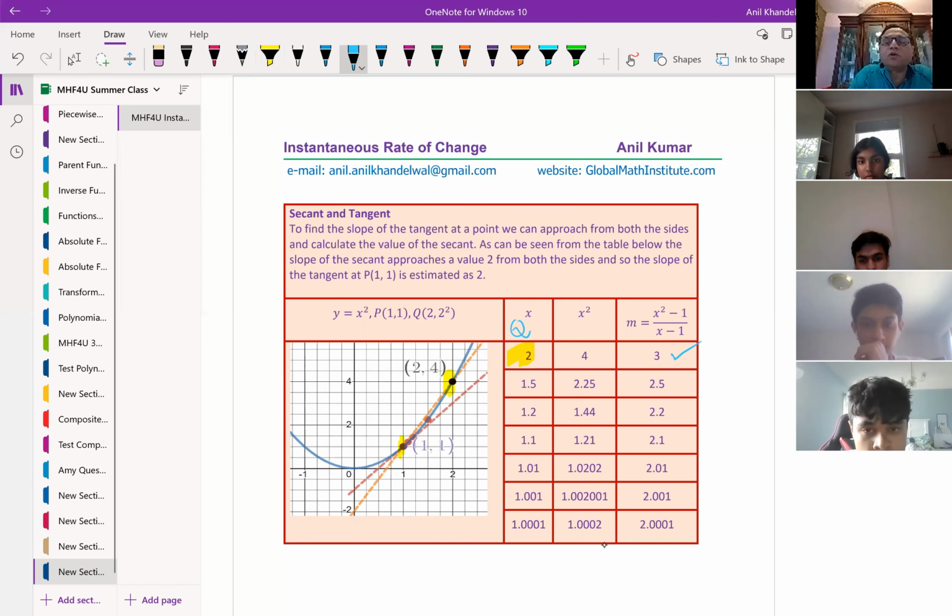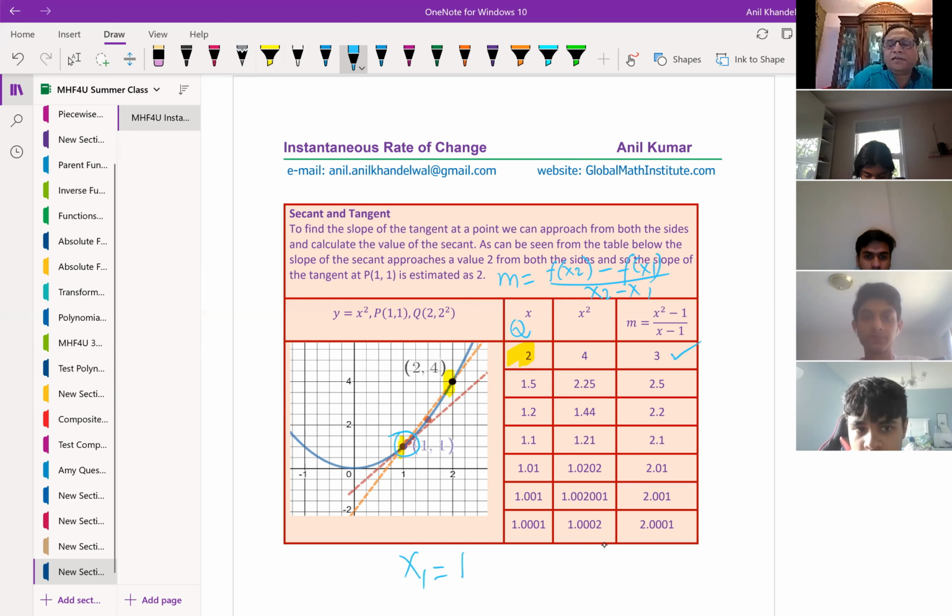Slope is f of x2 minus f of x1 over x2 minus x1, correct? Now our original point is 1, so our x1 is equal to 1.